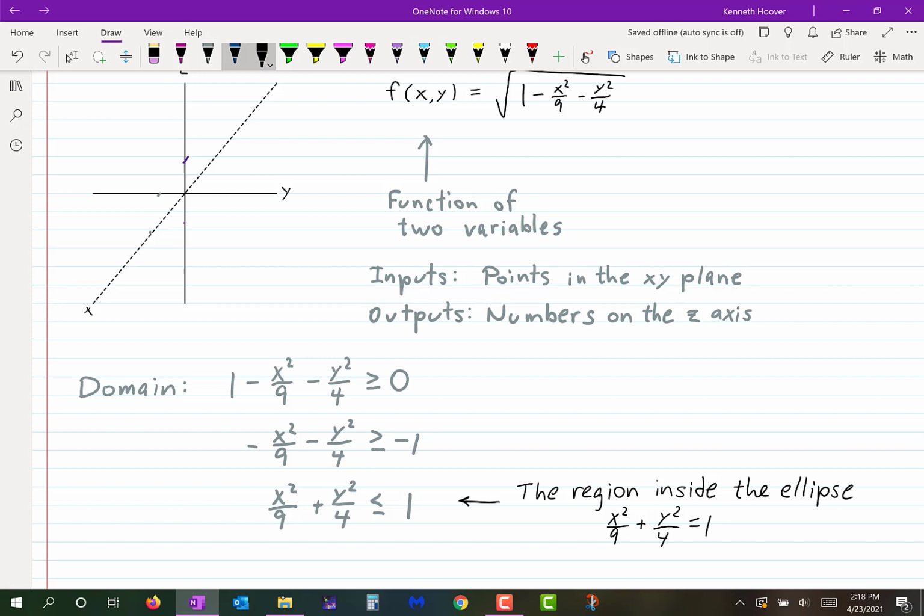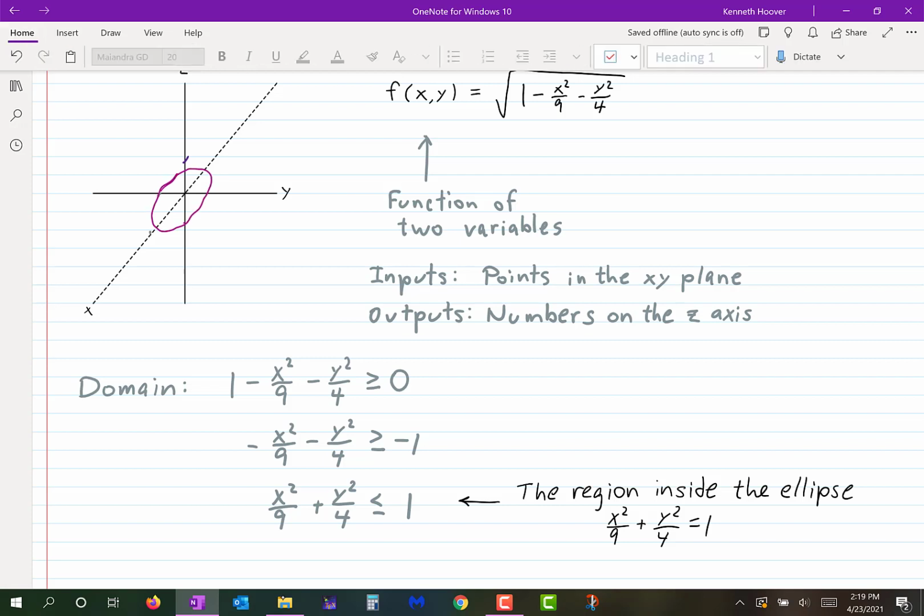So our domain would be the area on the xy plane that is inside that ellipse. Okay, actually I should write this equal to, or less. There we go. That's what the domain would be.